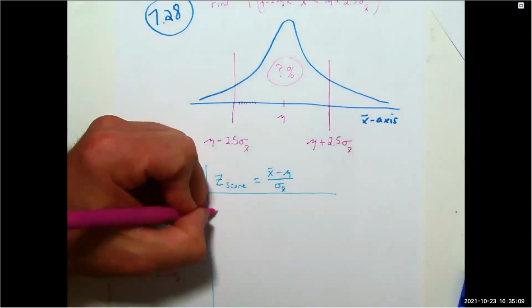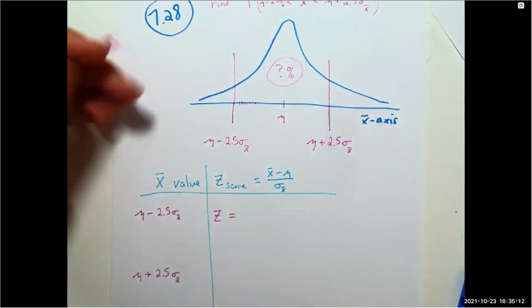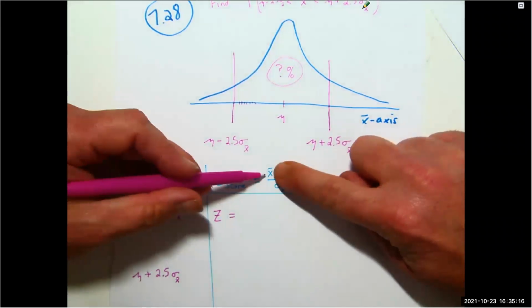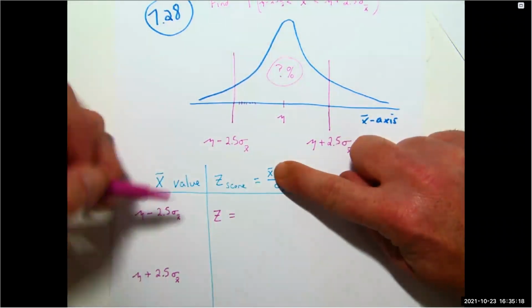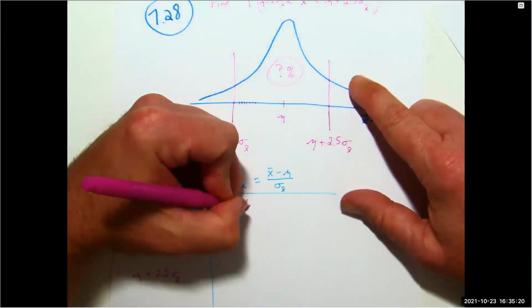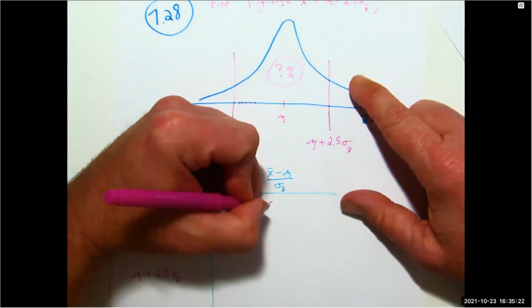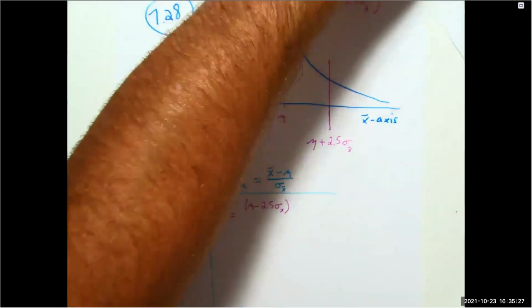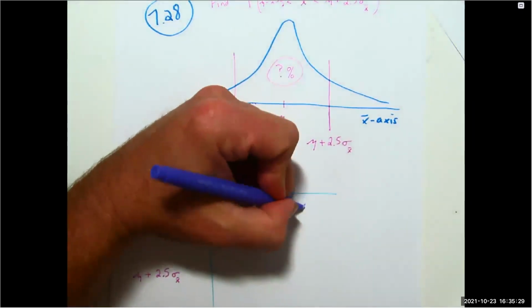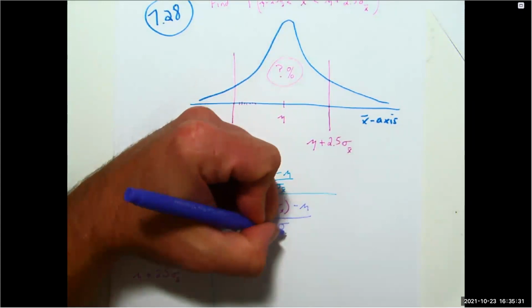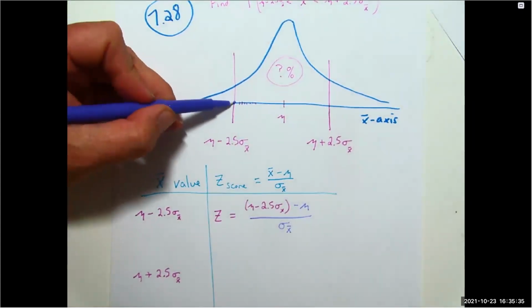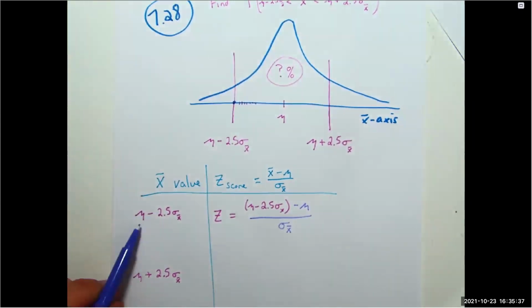And look what happens to these z-scores. The value in the x bar in the formula is going to be this number now. So it's going to be mu minus 2.5 sigma sub x bar, and then minus mu over sigma sub x bar. This number on this boundary is a value of x bar, which is mu minus 2.5 standard deviations.